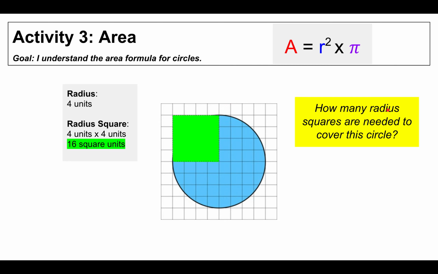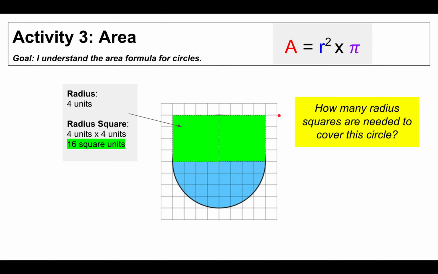So now go back to my original question. How many radius squares does it take to cover this circle? So far there's 1. It does not cover the circle. There's a second radius square. You'll notice we have a whole lot of circle here that's not covered.